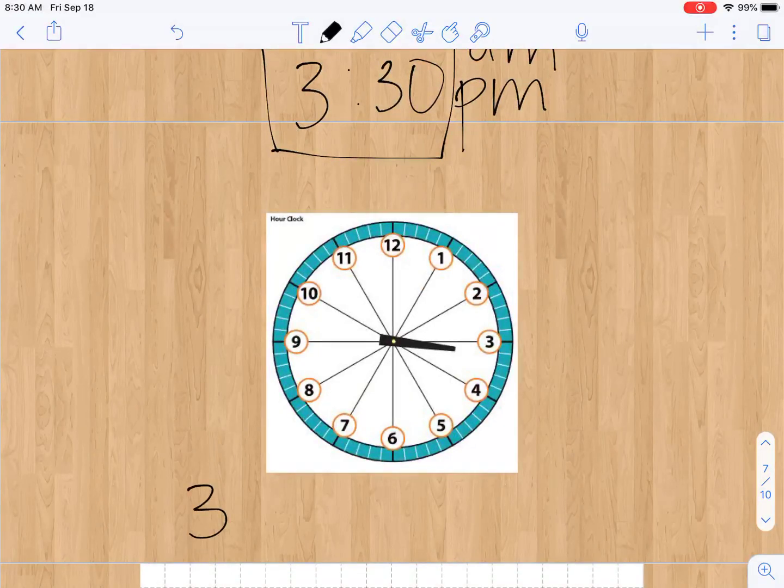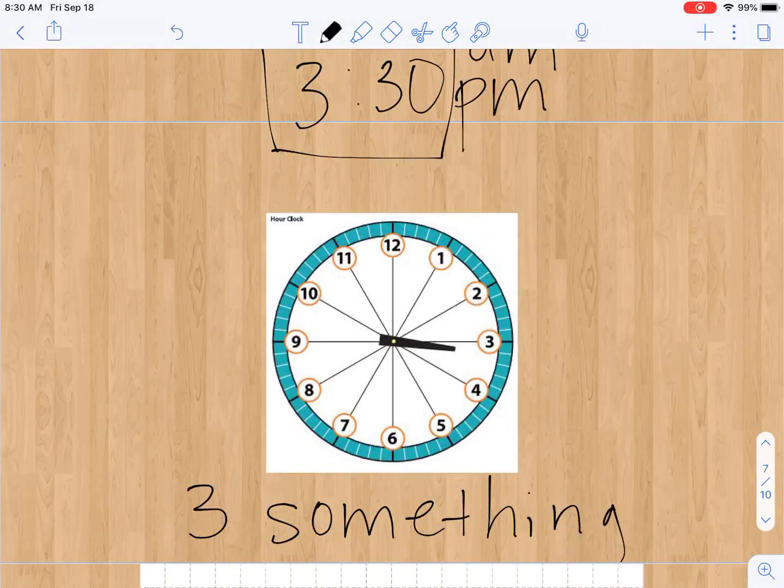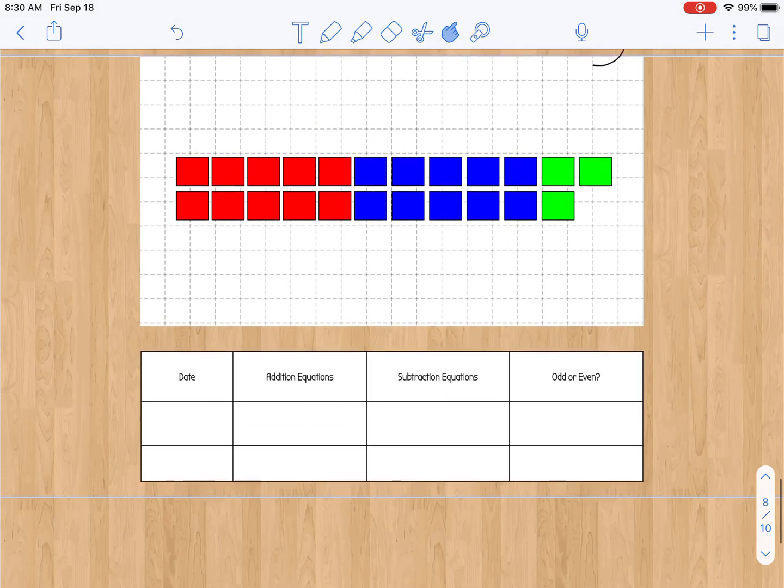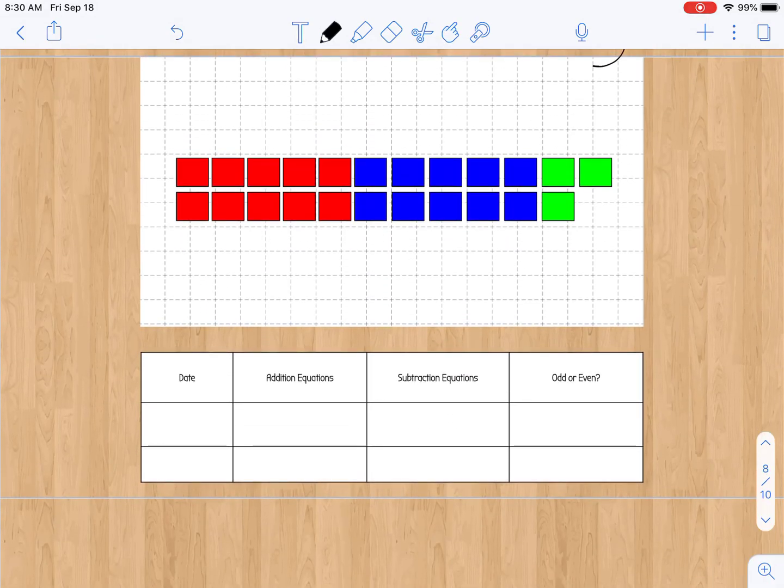So we know that it is 3 something, right? We might think it's 3:10, we might think it's 3:15, but we know it's 3 and some minutes. It's somewhere between 3 and 4 o'clock. So it's 3 something. Nicely done.